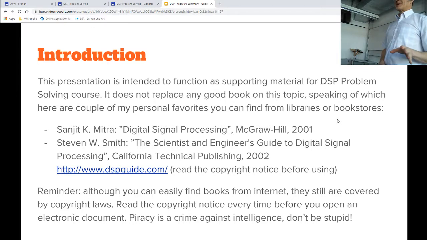Since you have a campus license, you can download the full version of MATLAB onto your computer. That's an excellent tool for digital signal processing. Then there's a nice electronic textbook, Stephen W. Smith's Scientist and Engineer's Guide to Digital Signal Processing, a very practically oriented digital signal processing book.